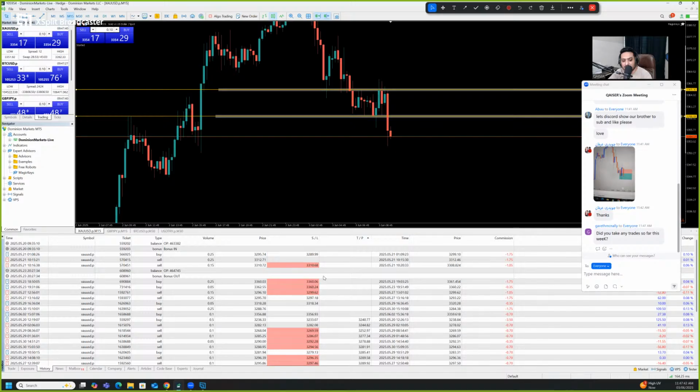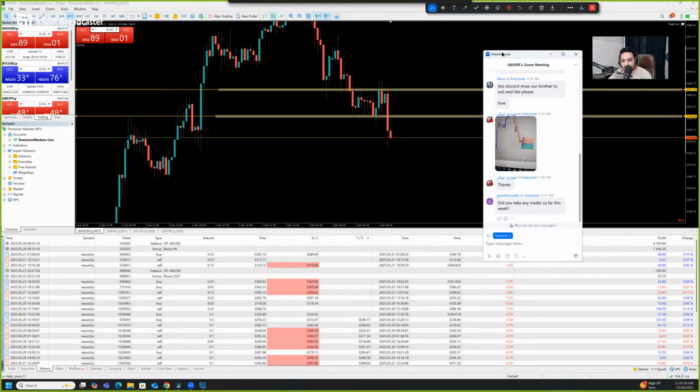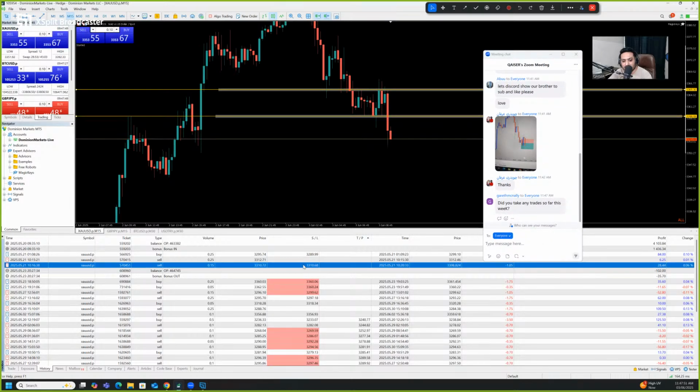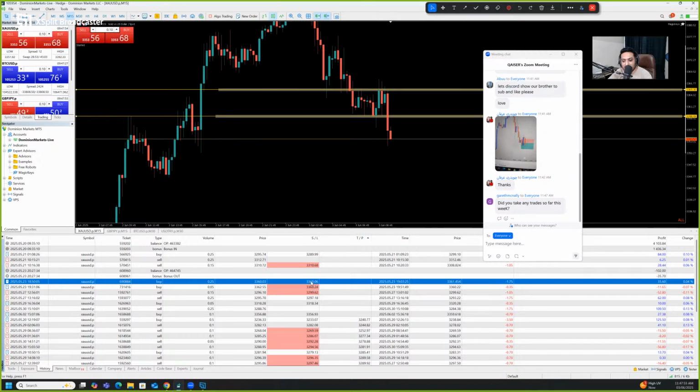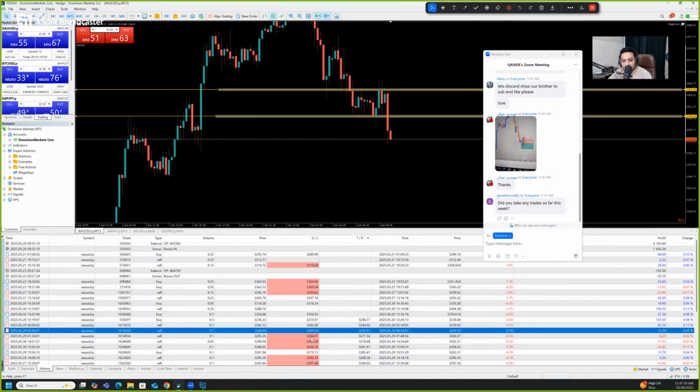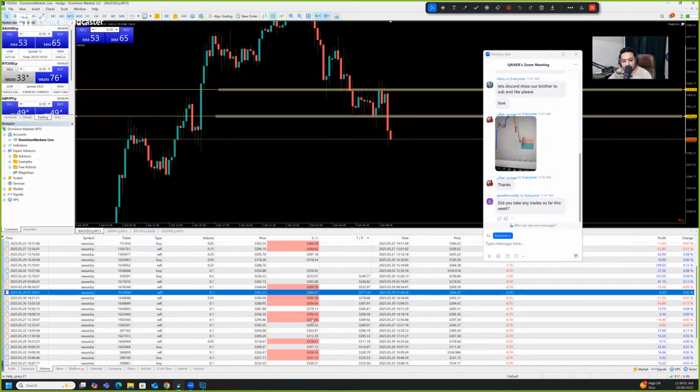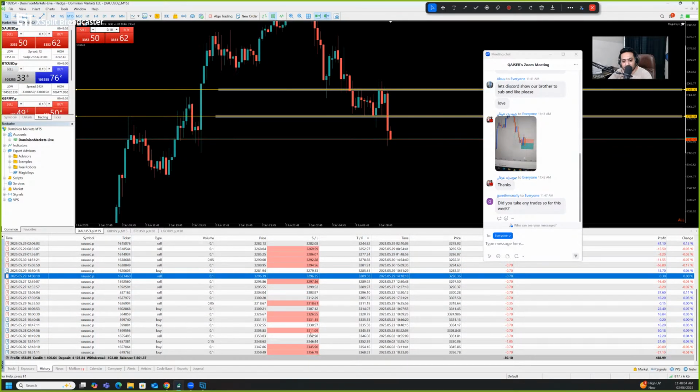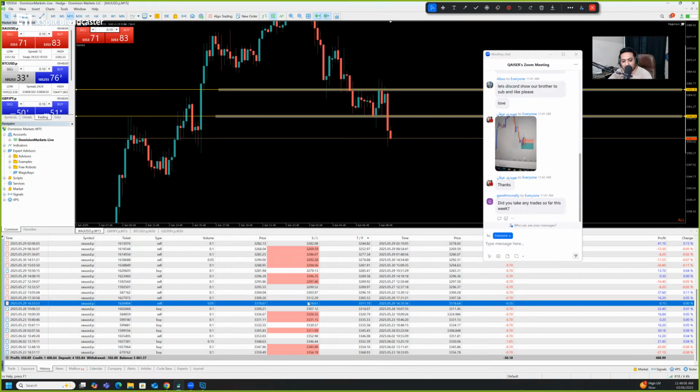Yeah, these are the stop losses where it just hit the stop losses. You can see even when hit by the stop losses, it just closed in profit, which means I placed my stop loss at break even. I just manage the risk. Look at this one, even though it hit the stop loss, it still closed in profit. This one, this one.